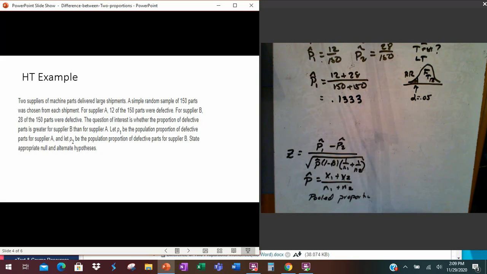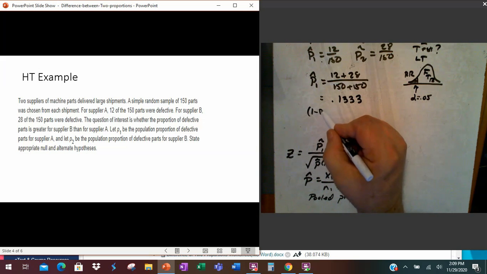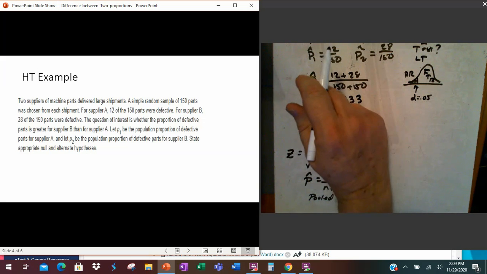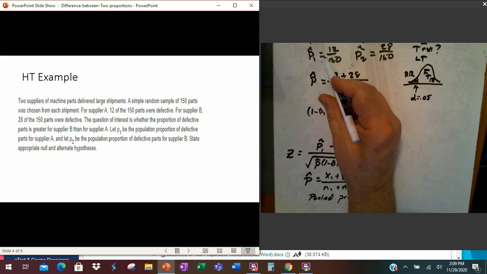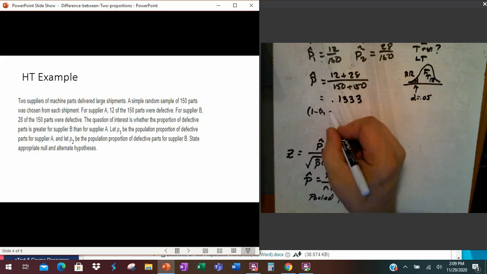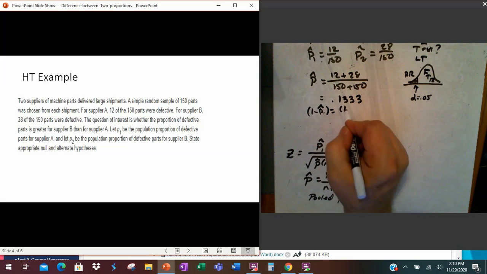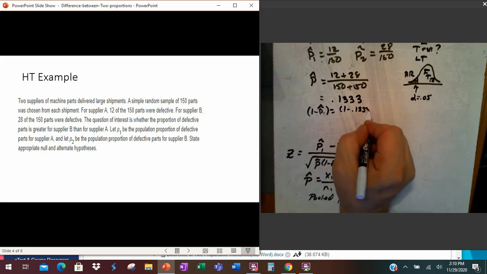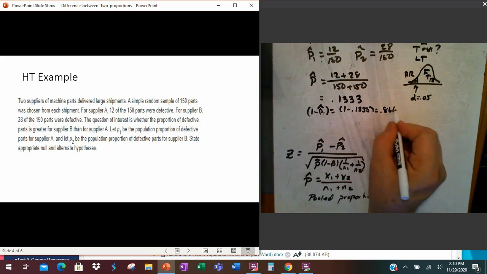Let's go to 4 decimals. So this is just P hat, there's our P, that pooled version. 1 minus P hat is 1 minus 0.1333, and that's 0.8667.